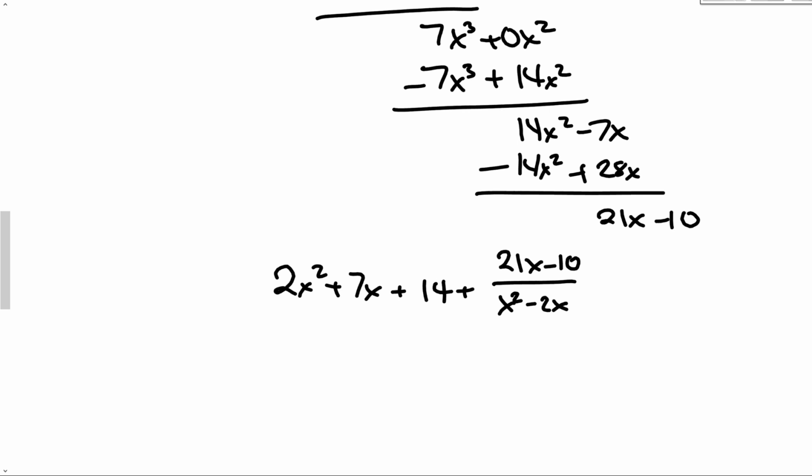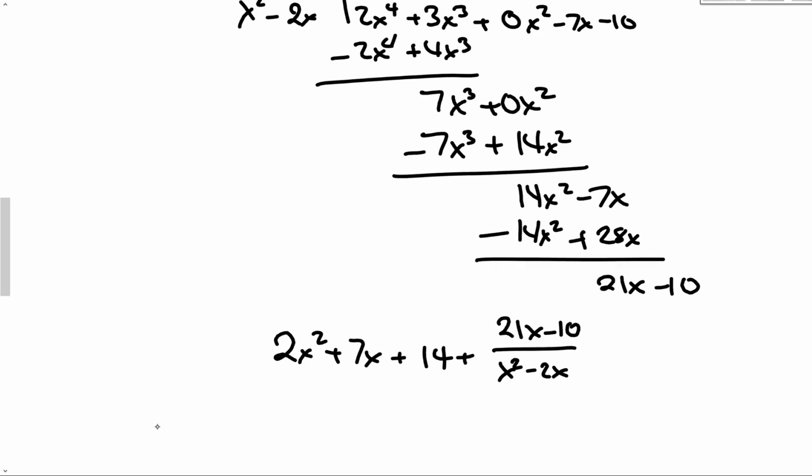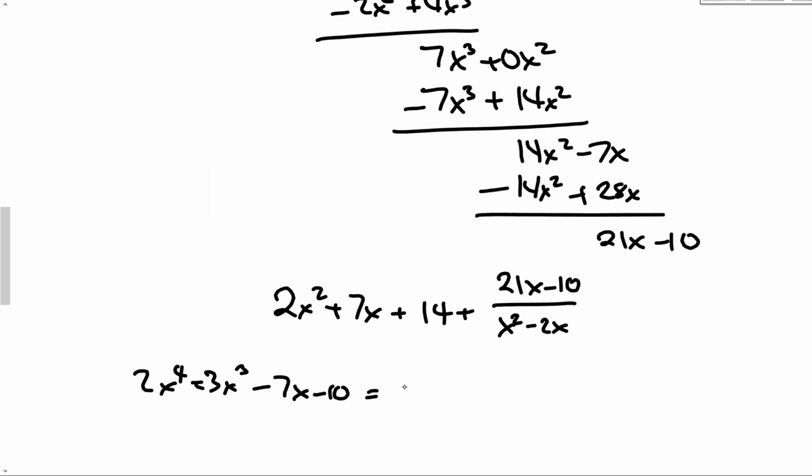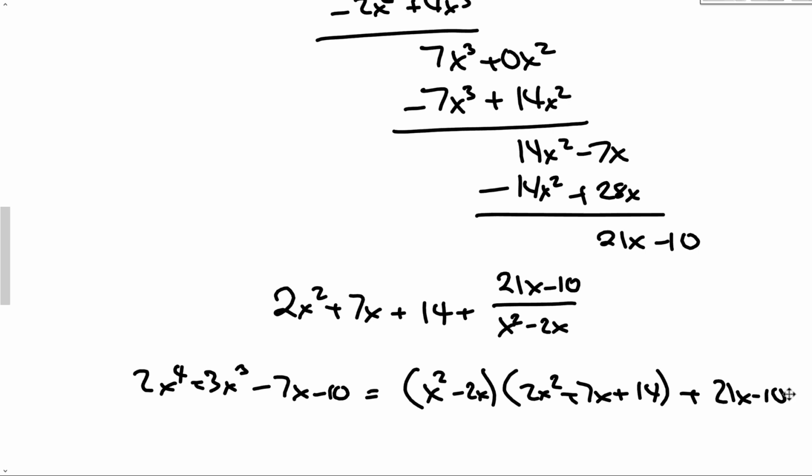We can also say that my original expression, 2x to the fourth plus 3x to the third, I don't need to put the 0 here, minus 7x minus 10 is equal to x squared minus 2x times 2x squared plus 7x plus 14 plus the remainder. Okay? So we can still use that part of the division algorithm to say that the divisor times the quotient plus the remainder is equal to my original expression.